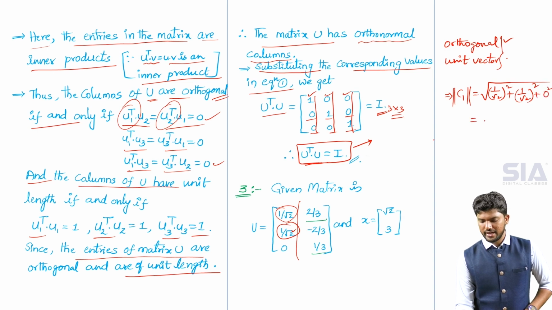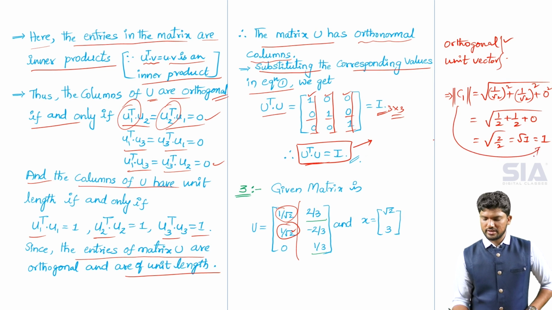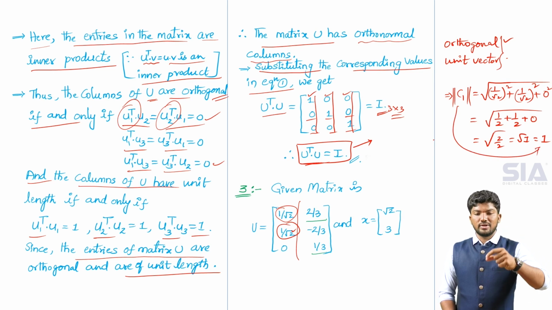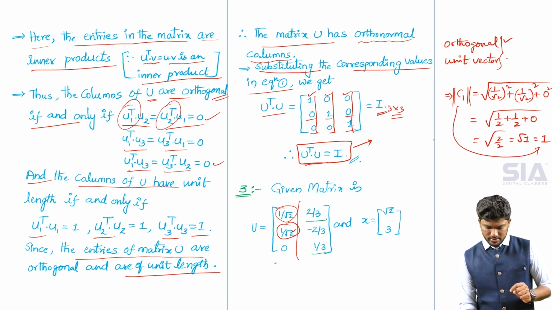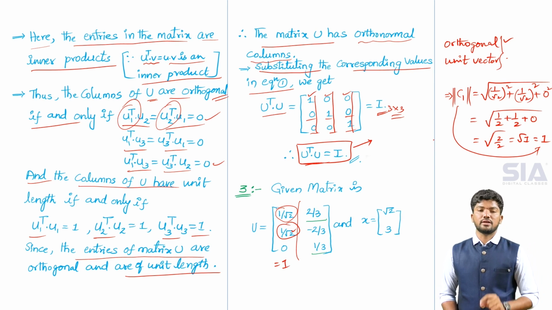So you will get under root of 1 by 2 plus 1 by 2 plus 0, so under root of 2 by 2, so root 1, therefore 1. So norm C1 is equal to 1. అంటే ఫస్ట్ కాలం లెంత్ ఎంత వచ్చింది మనకు, ఈక్వల్ టు 1 వచ్చింది. దట్ ఈస్ కాల్డ్ ఆర్థోనార్మల్ కాలం.